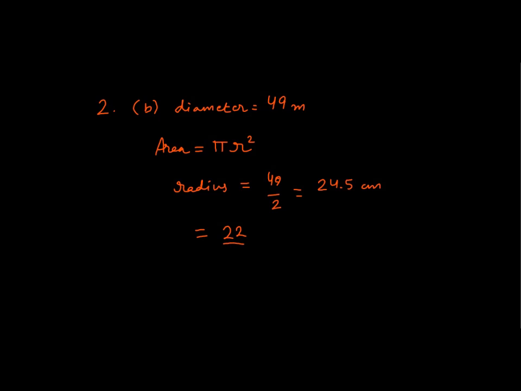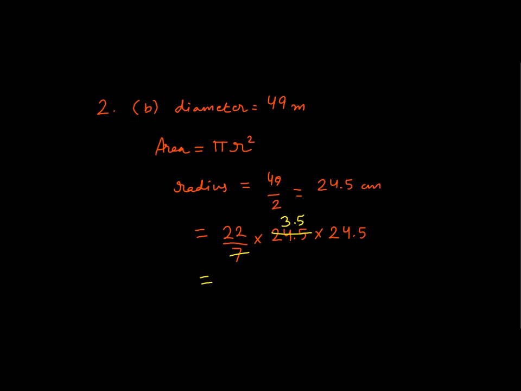We will take pi as 22 over 7 because this 7 will cancel out this 24.5. 24.5 into 24.5. 7 3s are 21, 7 5s are 35. So your answer will be the product of these three numbers. 22 will be multiplied with 3.5 and then it will be multiplied with 24.5.